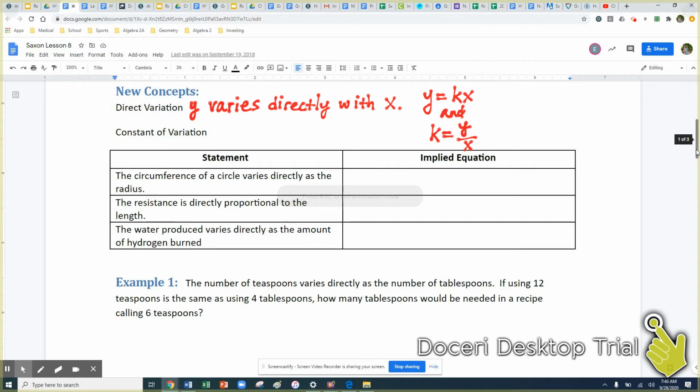Two formulas that we'll see today, y equals kx, and then k equals y over x. And some keywords that tell us that it's a direct variation, we'll see varies directly, and you may see directly proportional.